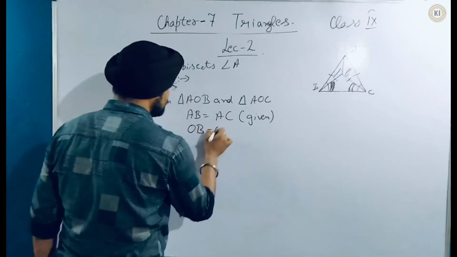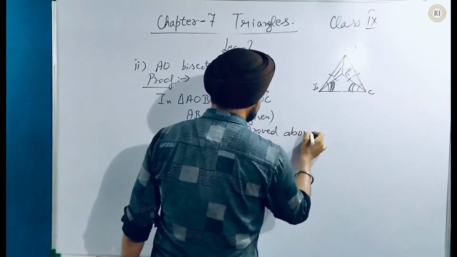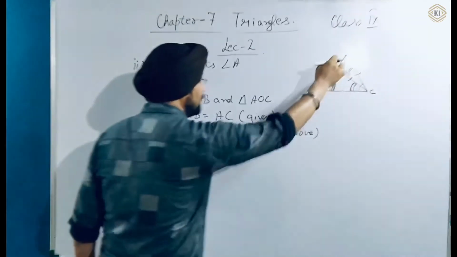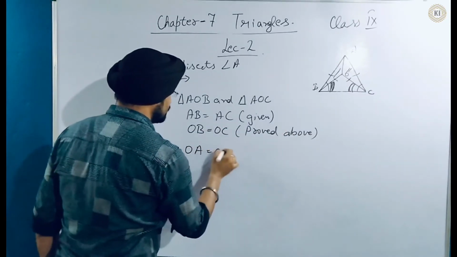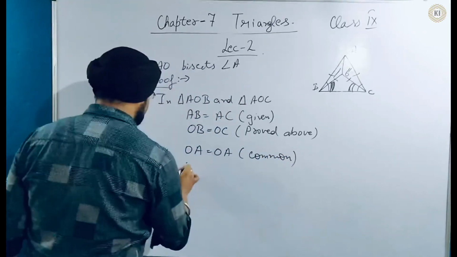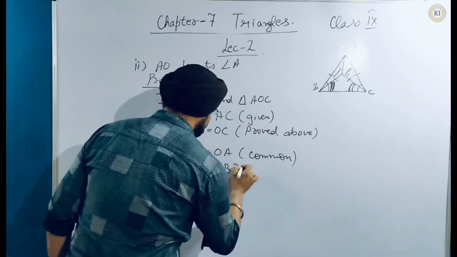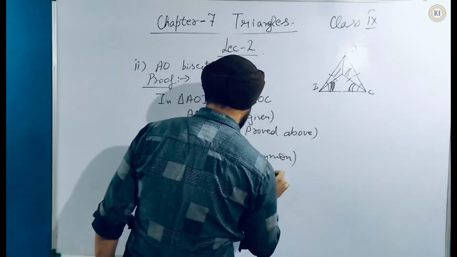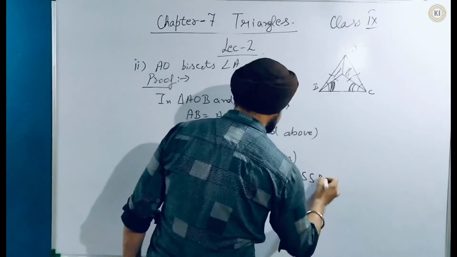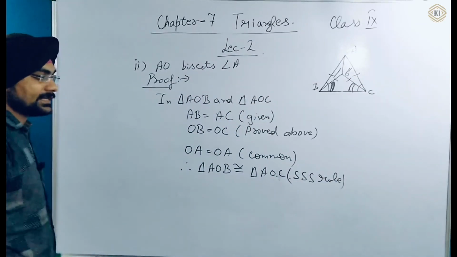Third, side OA is equal to OA as common. So therefore triangle AOB will be congruent to triangle AOC by the SSS rule.